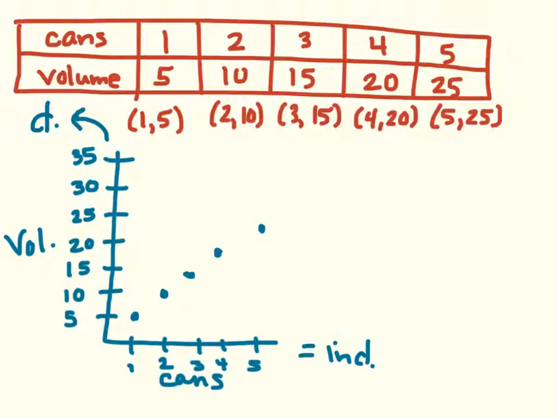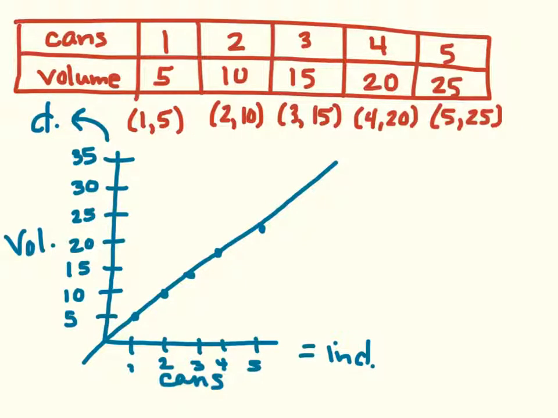Now, we connect our points to draw a line, which goes through 0, which makes sense, because if you have 0 cans of paint, you have 0 gallons of paint. And now we can see that our line for V equals 5C contains all of our ordered pairs that will make the equation true.